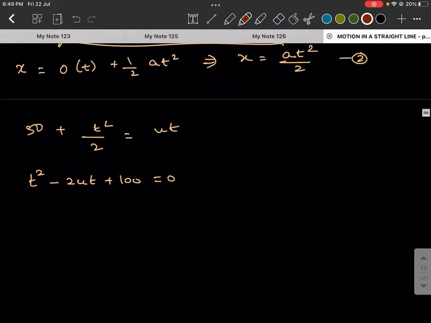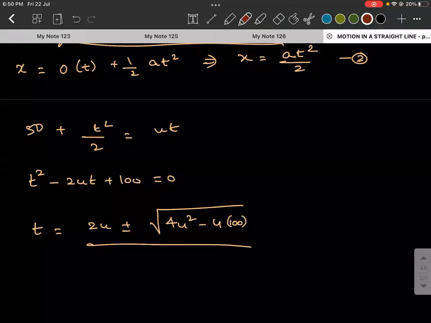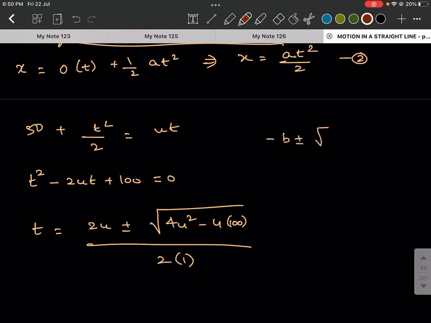Now the next step: t is equal to minus b plus or minus root of b square minus 4ac divided by 2a. What did I apply? The quadratic formula, x is equal to minus b plus or minus root of b square minus 4ac divided by 2a.